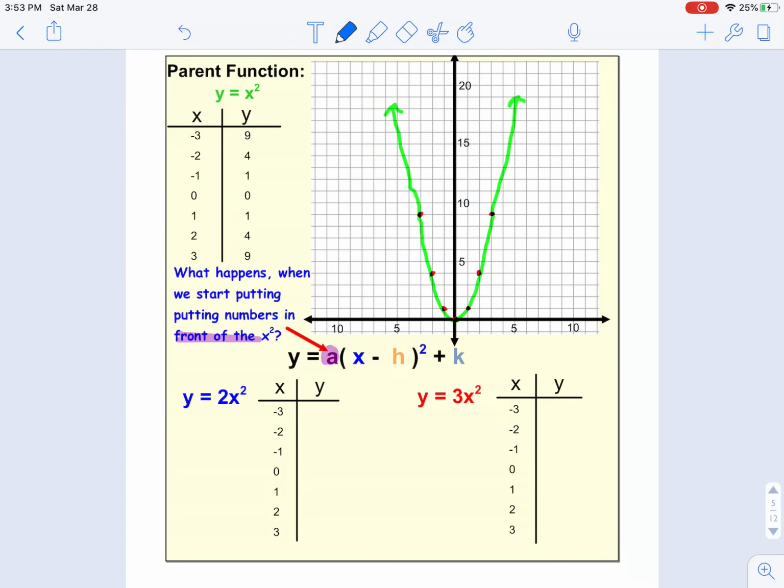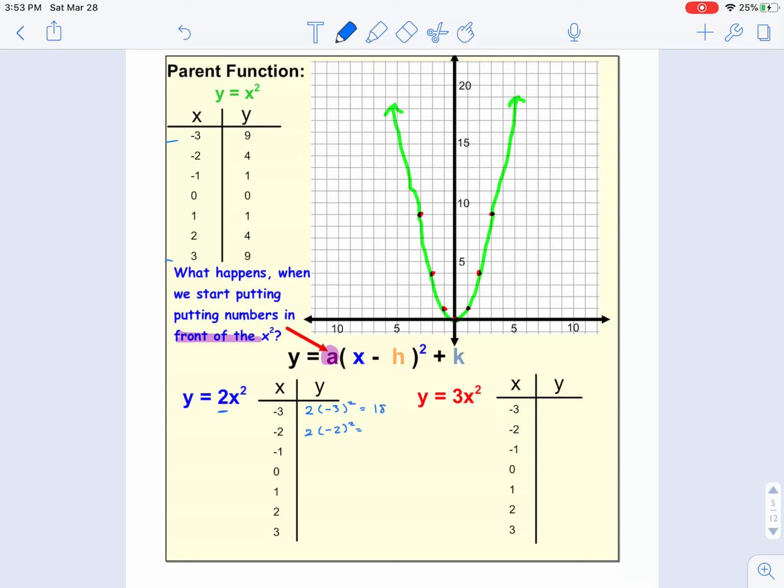All right, so here's what I've done. Before we got this going, I just went ahead and plotted points, and I went all the way back to -3 and +3, just so you can see the pattern. Let's see what happens when I put a 2 in front. All right, well, that means 2 times -3 squared is y. -3 squared is 9. 2 times 9, 18.